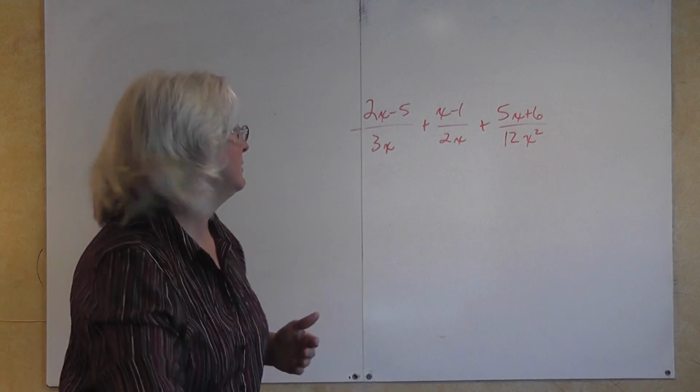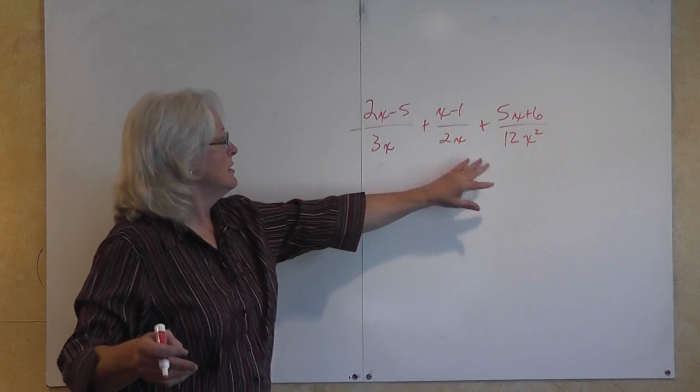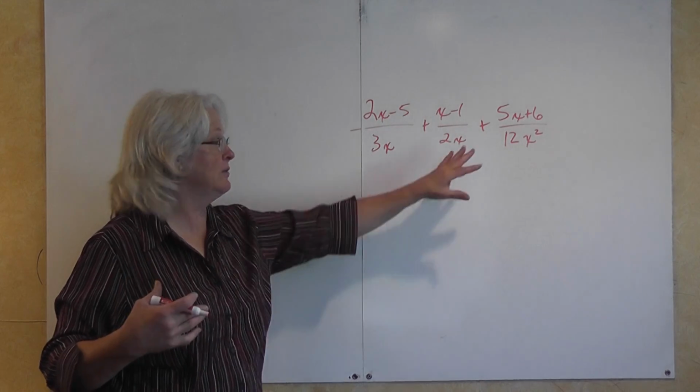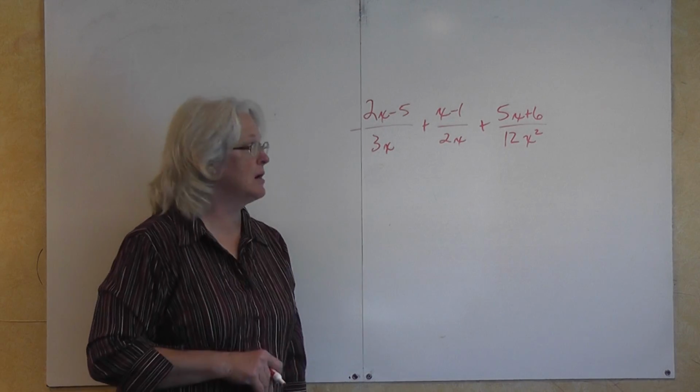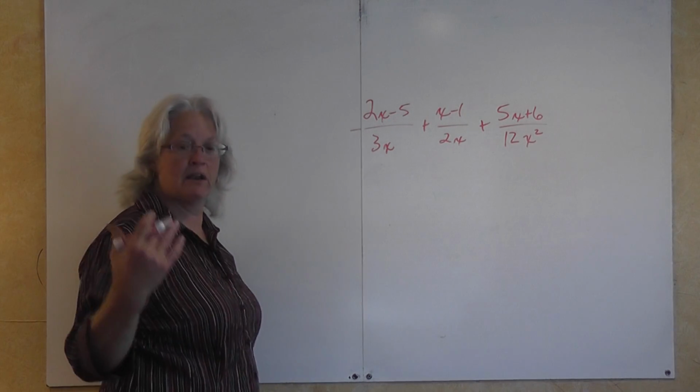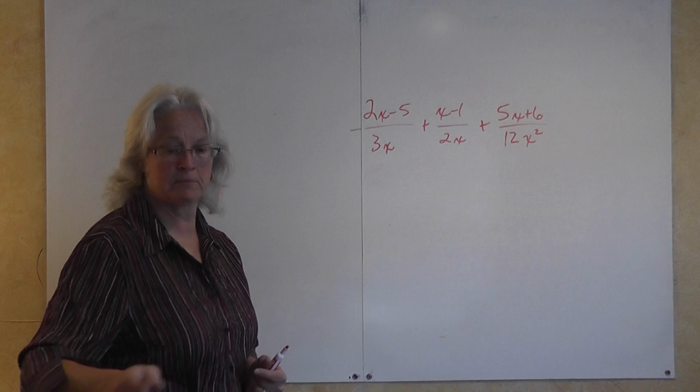How do we find our common multiple of this? You can look at this and you see again, probably half of you, that our common multiple, or our common denominator, is going to be 12x squared. But let's go ahead and step through the methodology.